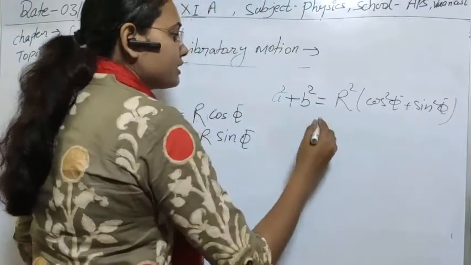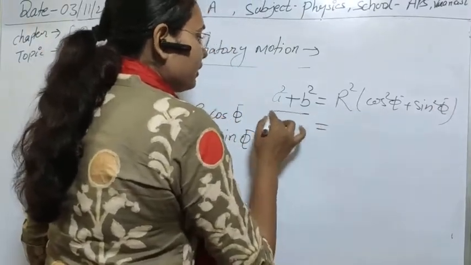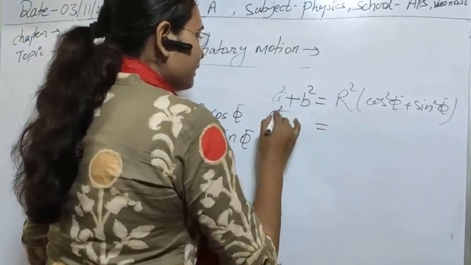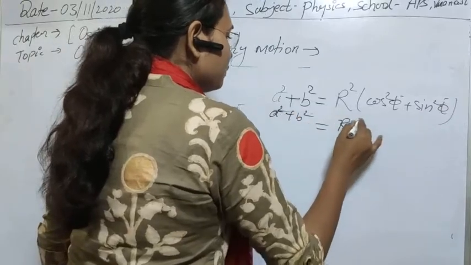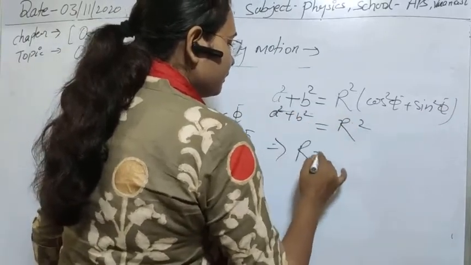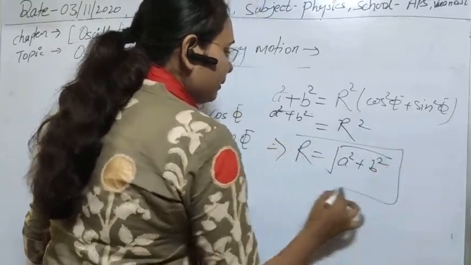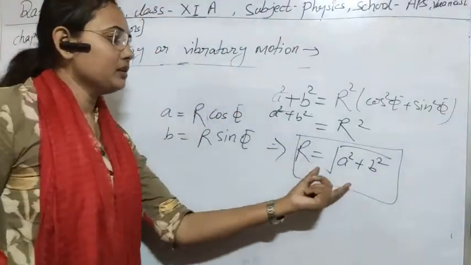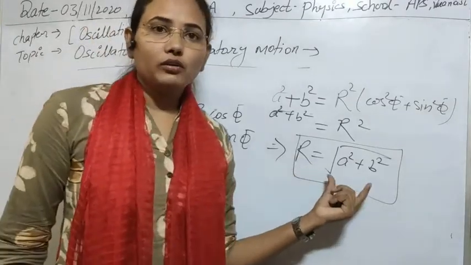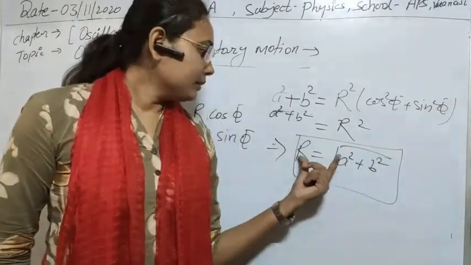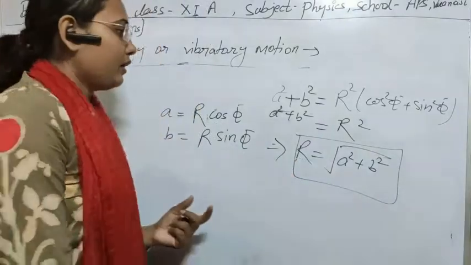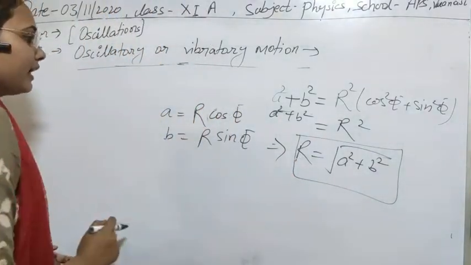The value of this is 1. So finally we obtain a square plus b square equal to r square. So with the help of the amplitudes of the individual waves, we can calculate the value of the resultant amplitude in this condition. And also we can calculate the value of phi.